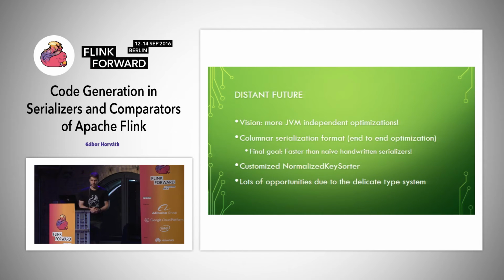And also there are a lot of opportunities available, because the Flink type system does a very good job of preserving type information. So at runtime we have a lot of information that we can rely on and utilize to generate very specialized and very performant code.